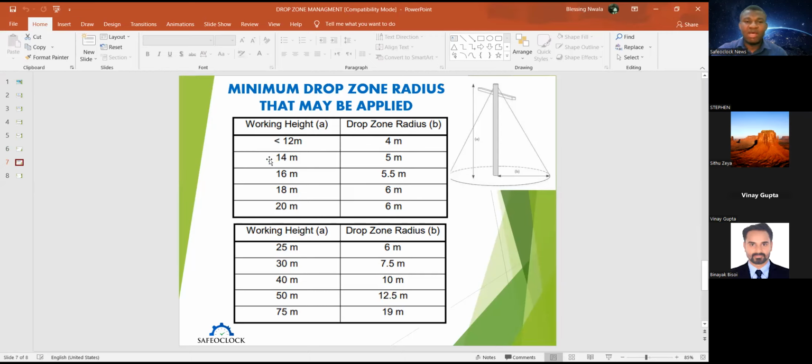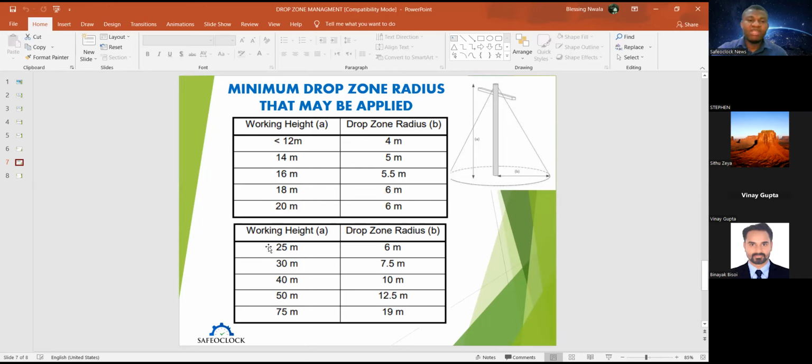If the work at height is done on about 14 meters height, then the drop zone radius should be about 5 meters. If the job is being done on about 16 meters height, then the drop zone radius should be about 5.5 meters. Okay, if the job is on 18 meters height, the radius of the drop zone should be 6 meters.